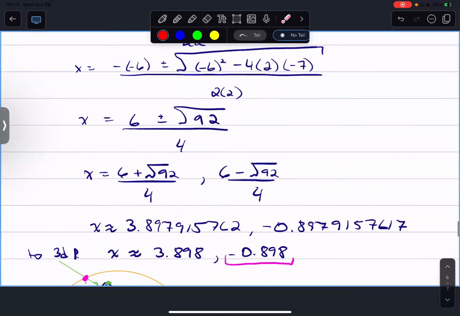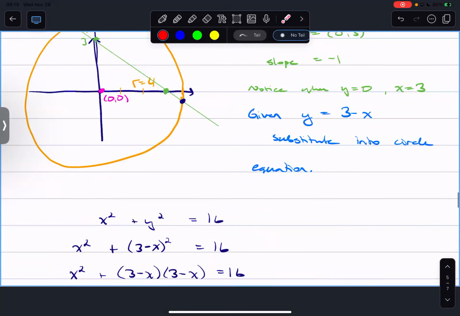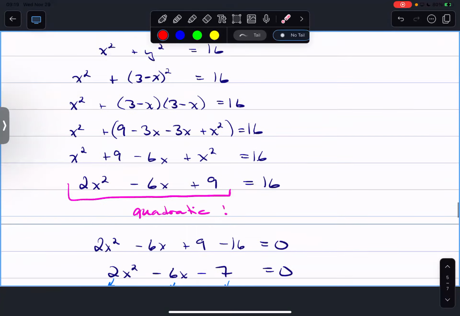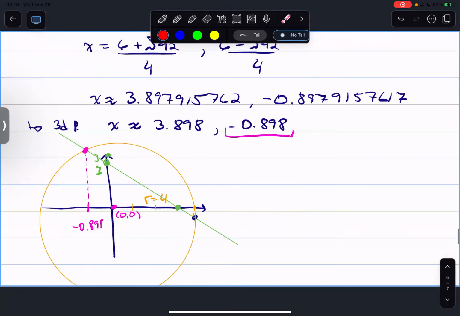Or I can use the circle if you want to. A little bit wild and crazy, right? You're saying x is negative 0.898, then square it, and then take it away from 16, and then take the square root, and you're going to get the same value of y as if you just plug it into 3 minus x. So I'll let you choose, but I've made my decision.